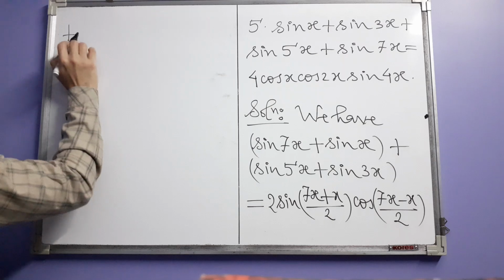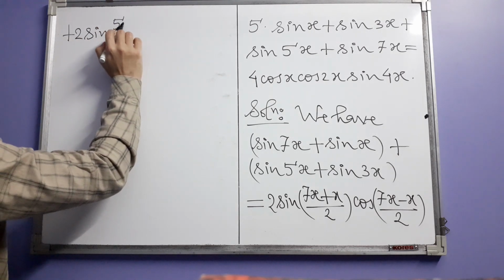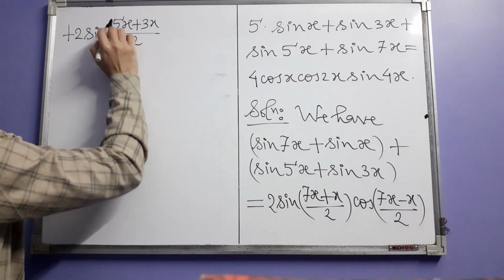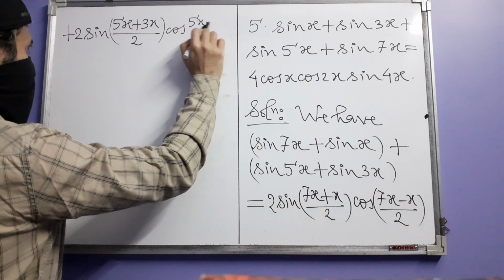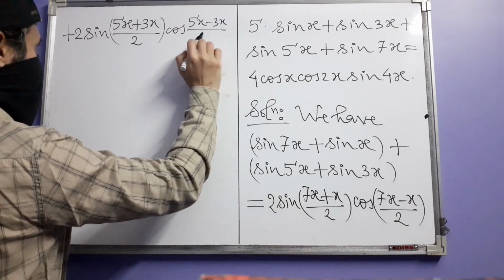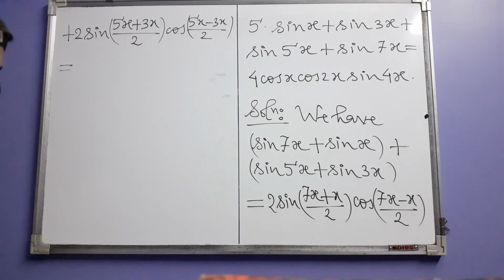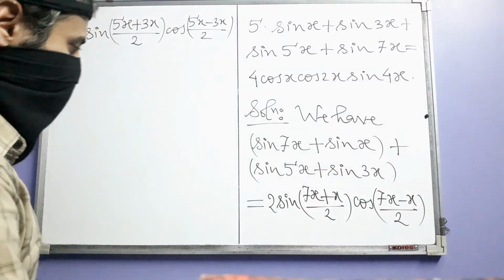Plus 2 sin of 5x plus 3x divided by 2 times cos of 5x minus 3x divided by 2. So, this becomes 8 divided by 2, that is 4.